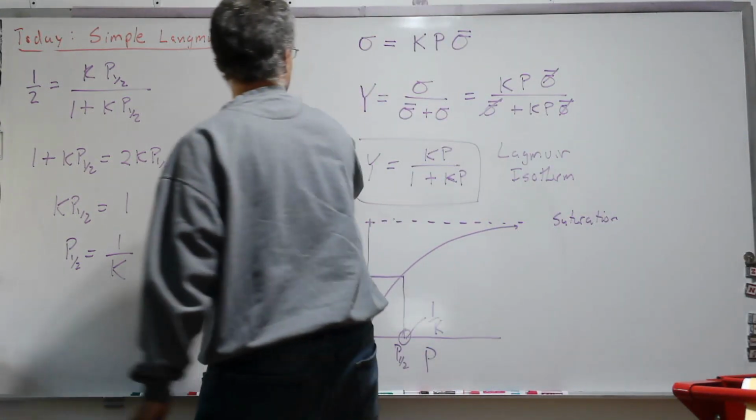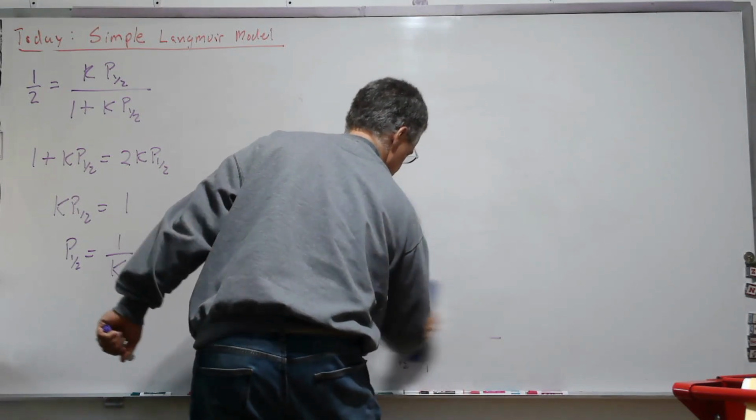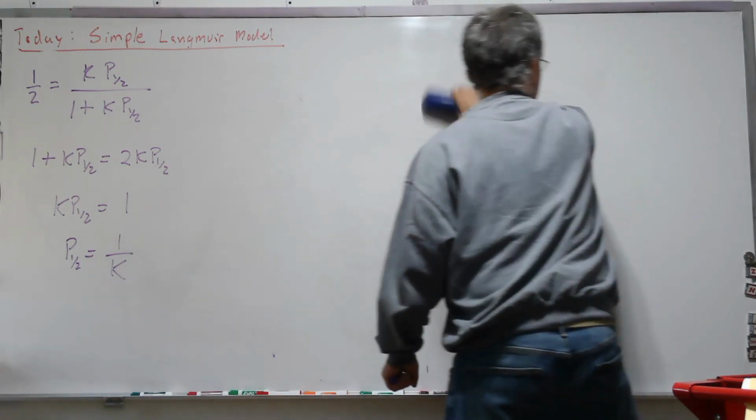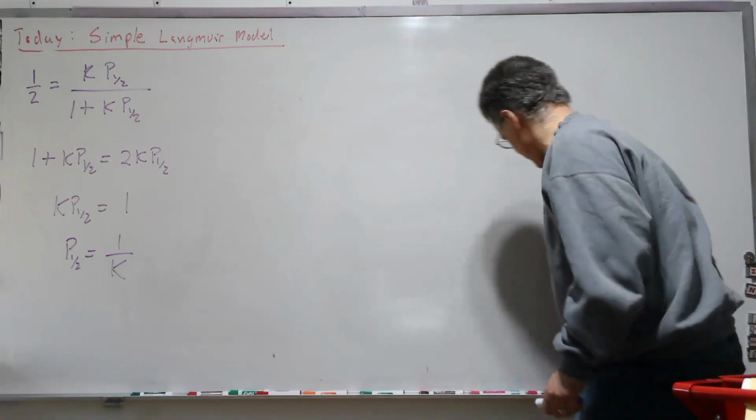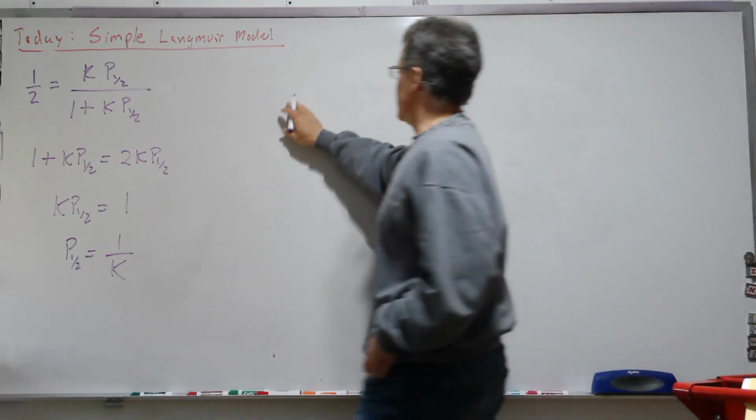All right, well, let's apply this to a question of how do we compare, say, 2 different gases or 2 different surfaces, some different system in terms of the Langmuir isotherm.